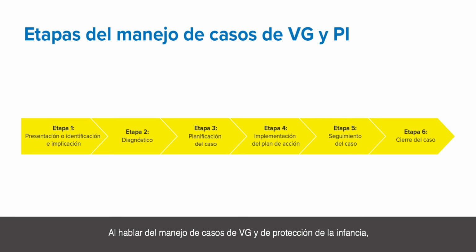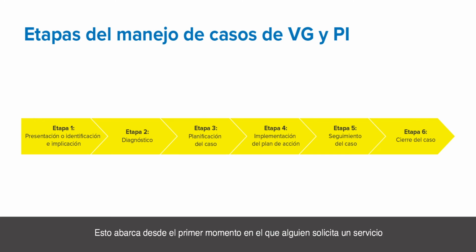When we speak about GBV and child protection case management in general, we speak of 6 steps. Step 1 is introduction or identification, depending upon whether you're working with a child protection or a GBV service provider, and engagement. Step 2 is assessment. Step 3, case action planning. Step 4, action plan implementation. Step 5, case follow-up. And step 6, case closure.